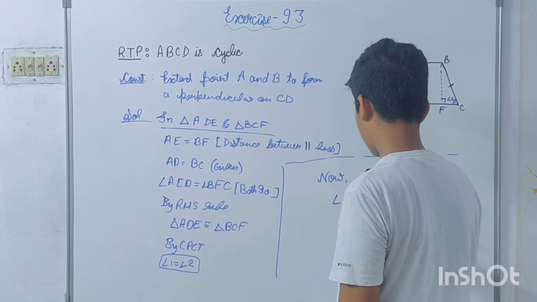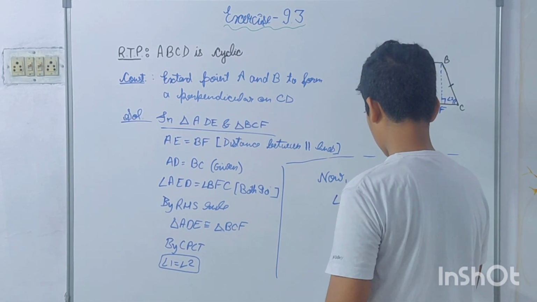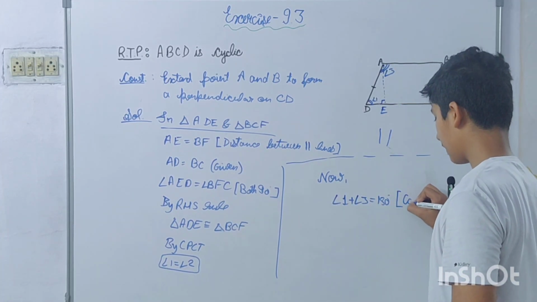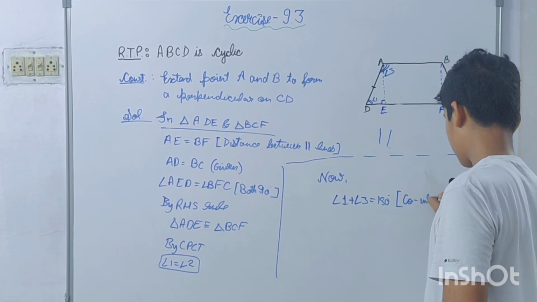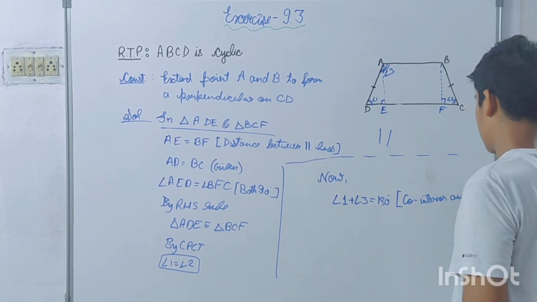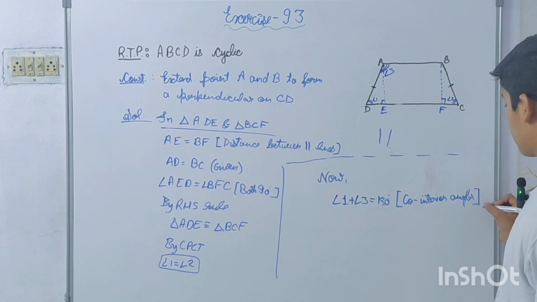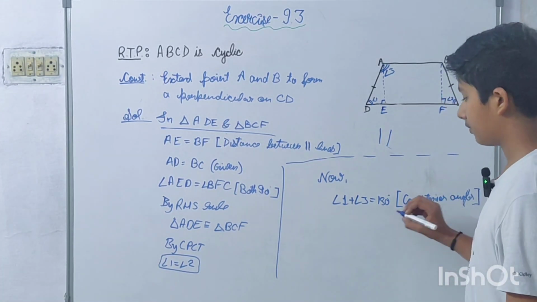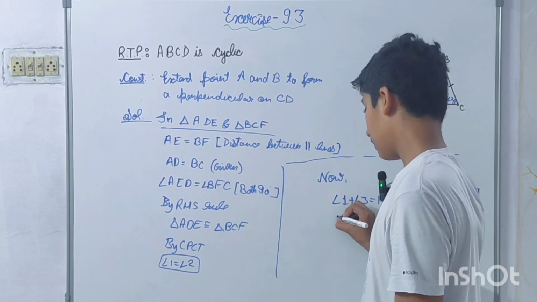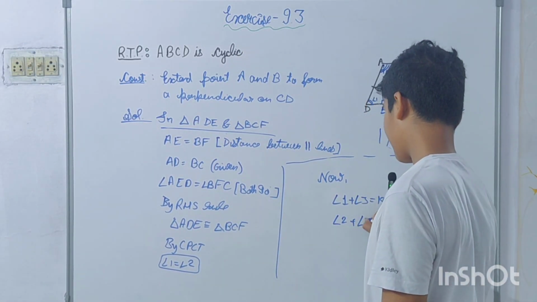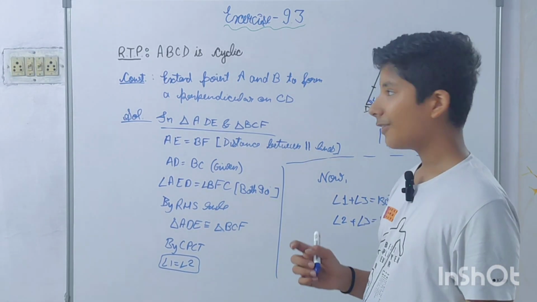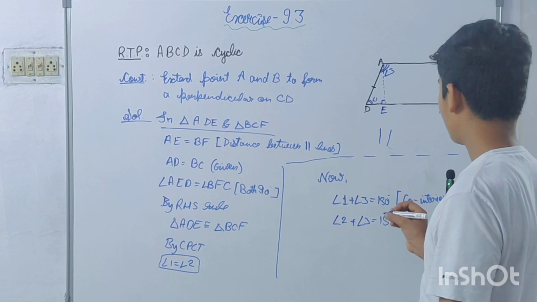Angle 1 plus angle 3 equals 180 degrees, because these are co-interior angles. Now we see angle 1 and angle 2 are equal to each other, meaning angle 2 plus angle 3 equals 180 degrees. We have proved that the sum of these two angles is 180 degrees.